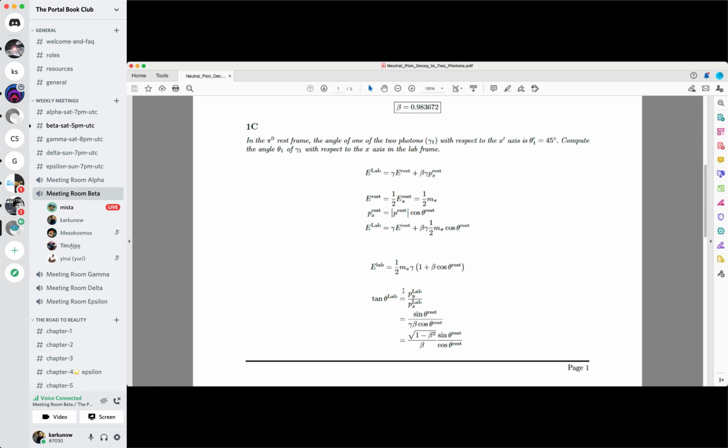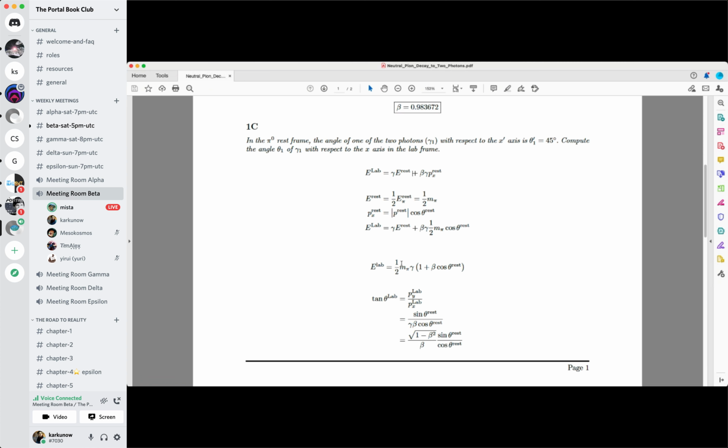So the angle theta in the lab is just going to be what you would normally think of as your standard picture of the tangent, right? The opposite over the adjacent. So we've got the y component of the momentum in the lab over the x component of the momentum in the lab. So it's just like a right triangle. Exactly.